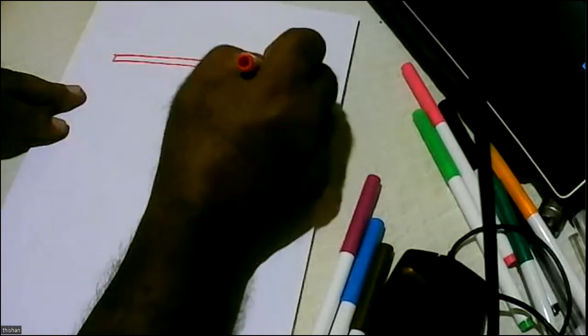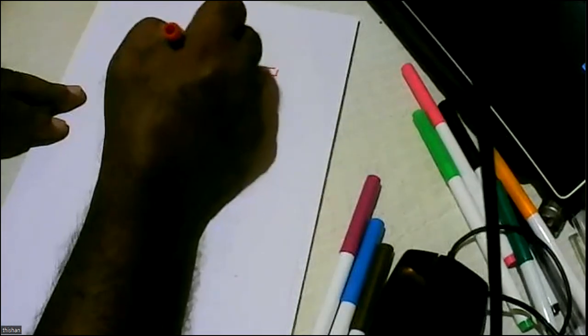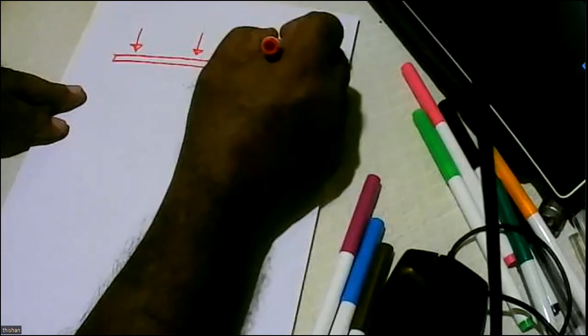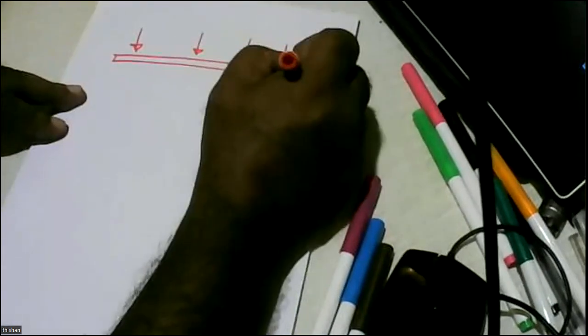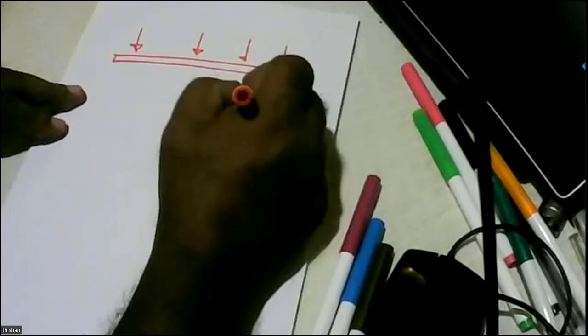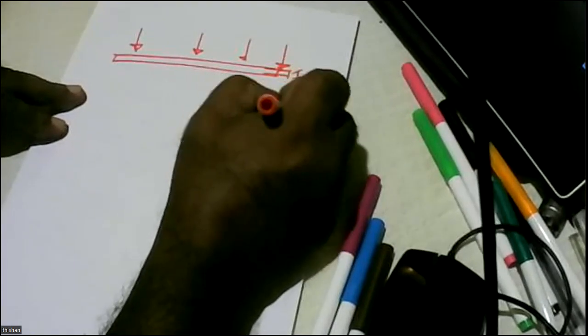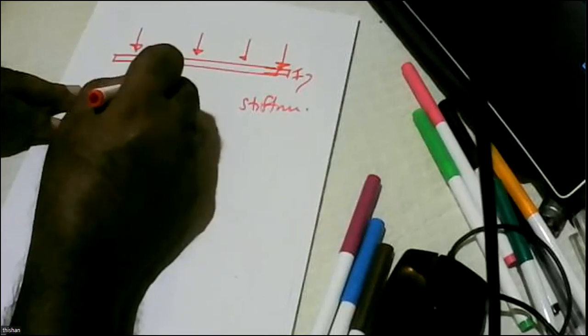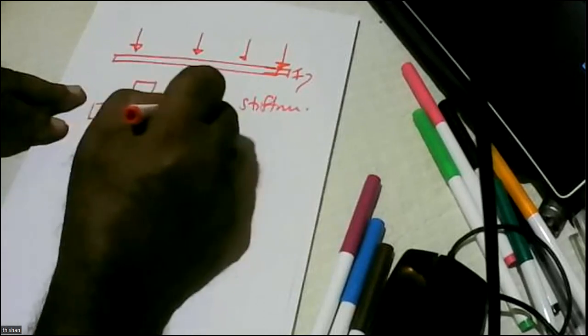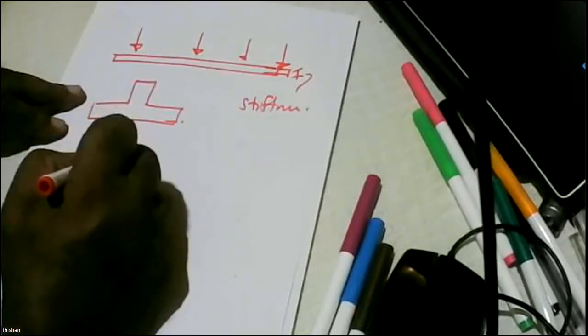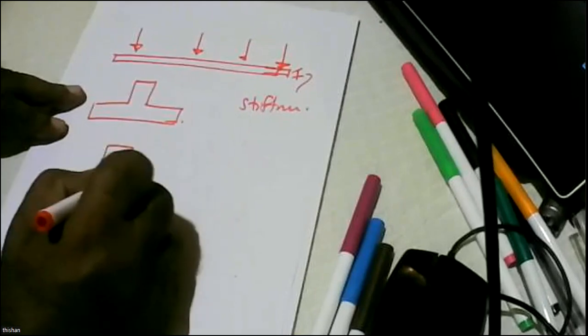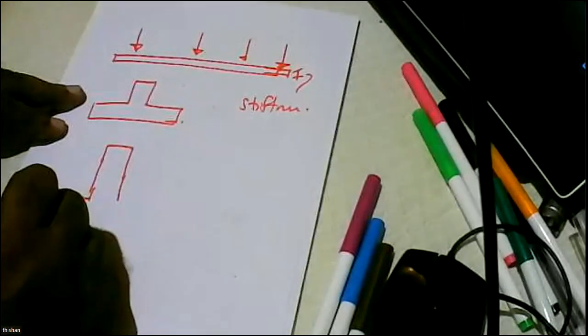to see how the load applied at various locations can be distributed depending on the stiffness of the foundation. For example, we can have two types of inverted T's. One is like this, the other one is like this.